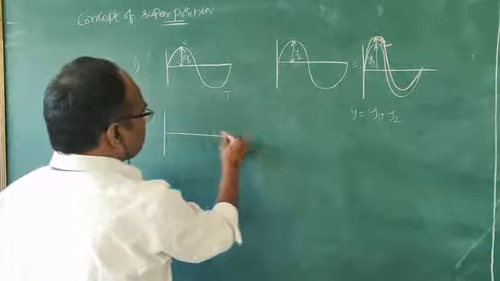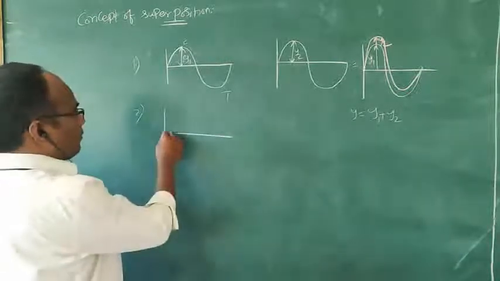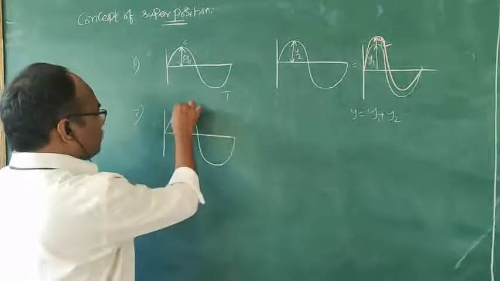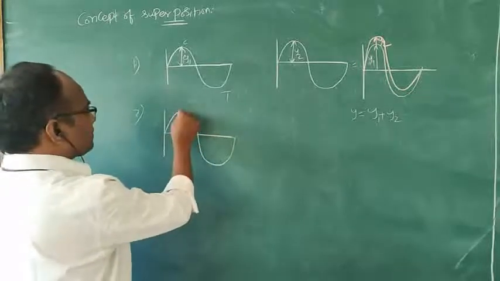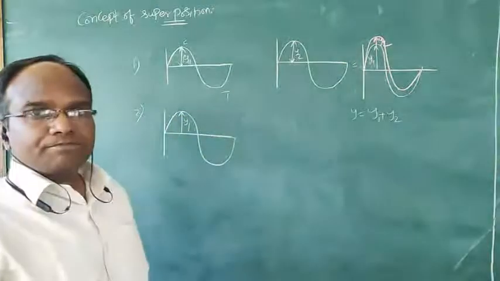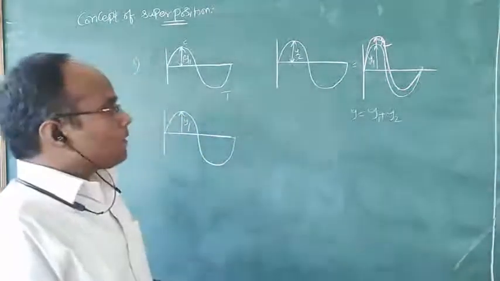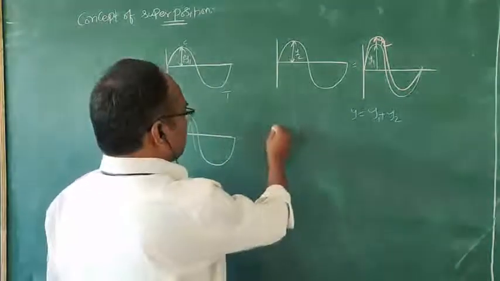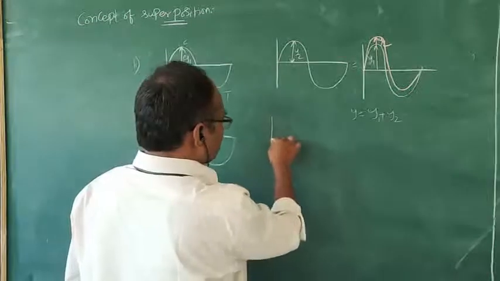So in another way, let us suppose this is the first one. Now I am drawing like this. So this is Y1. Okay. Next, another wave I am drawing like this.